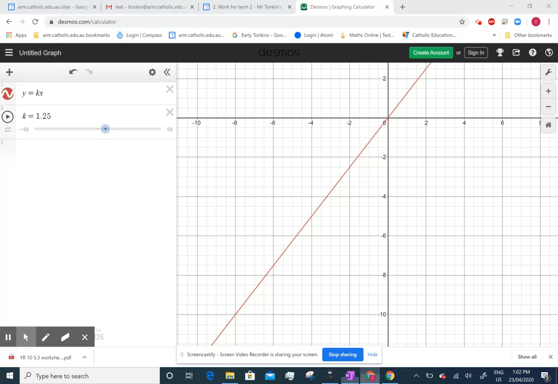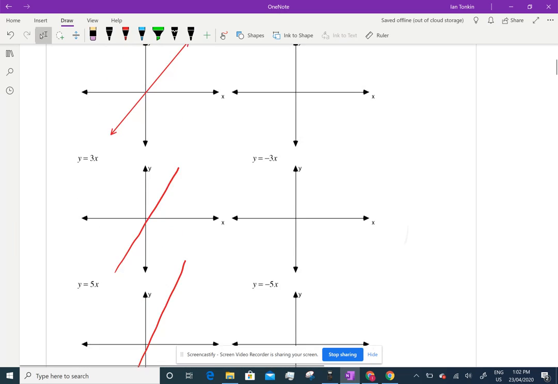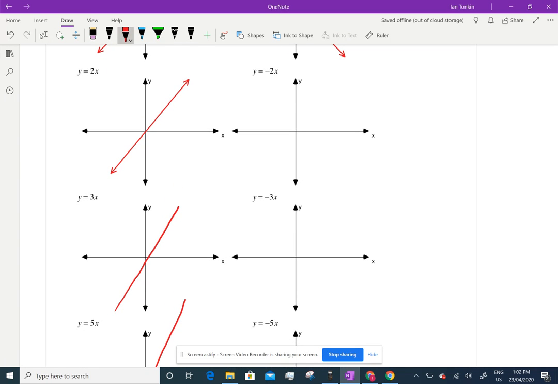What about the negatives? Well, if I let it get to the negative, there's negative 1.8, so pretty close to 2. There's negative 5. So it's still steep, but it's just going down. So these ones here, negative 2x, I'm not going to use the ruler.